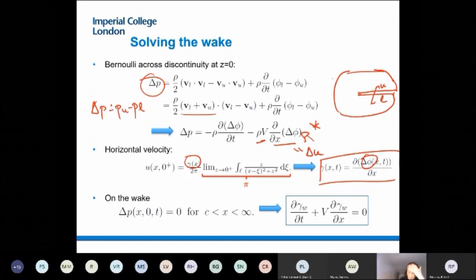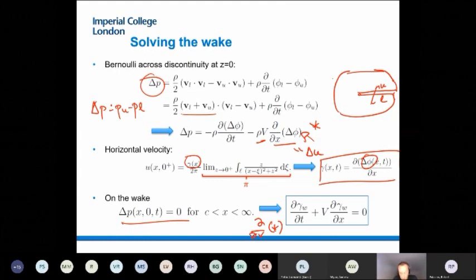In particular, if we do this on the wake, in which we know delta p is equal to 0, and then we substitute delta phi in terms of gamma, and we take derivatives on that equation. So we take derivative with respect to x of the equation in the star. That gives you a very nice clean solution in terms of how the wake vorticity has to evolve with time. And this becomes a convection equation.